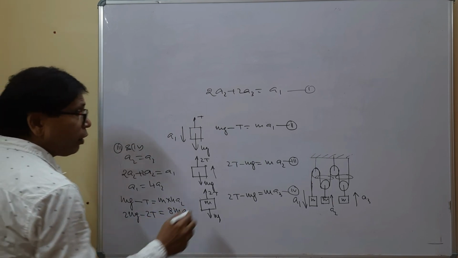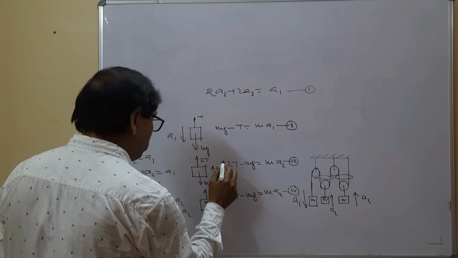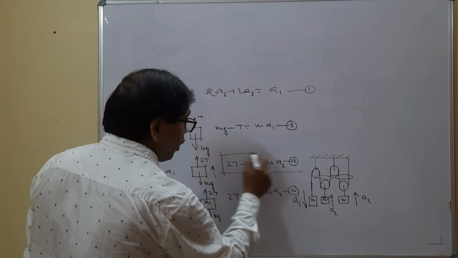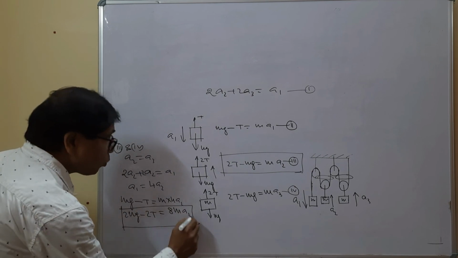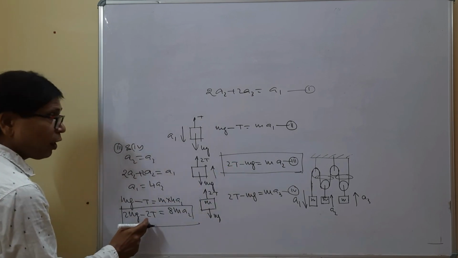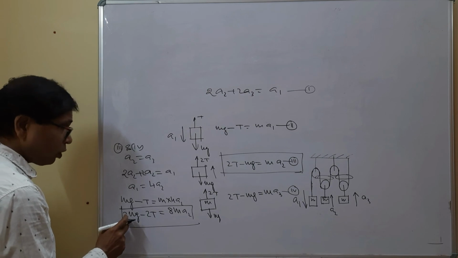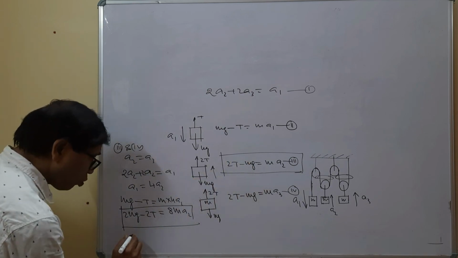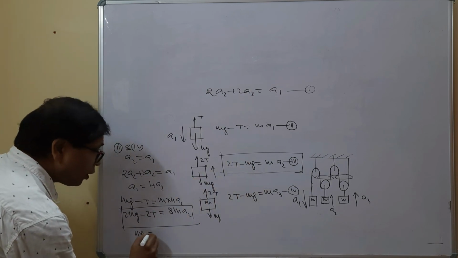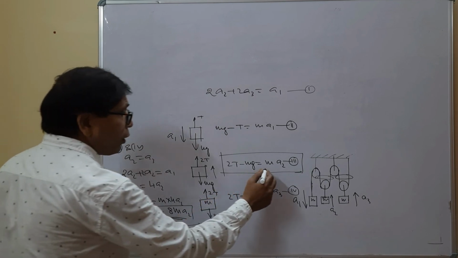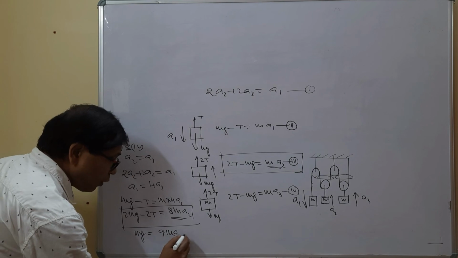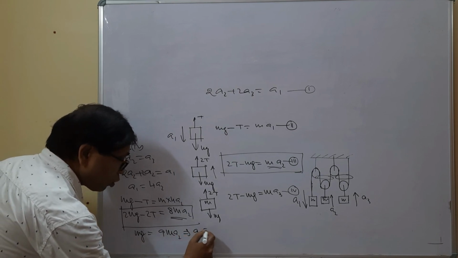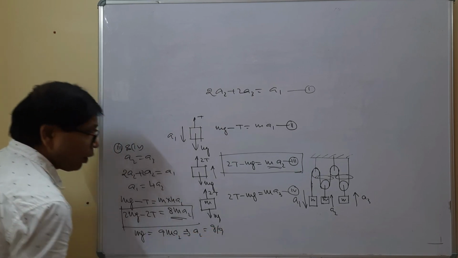And using this equation and this equation, we get, look at this, 2T cancels out. Now 2mg minus mg equals mg, and this is 8ma2 plus ma2, so this is 9ma2. Therefore a2 equals g by 9.